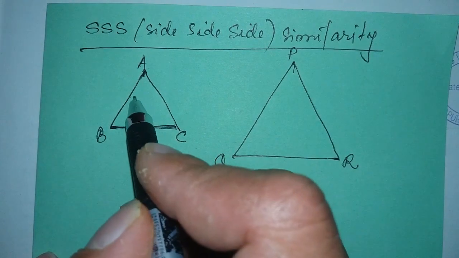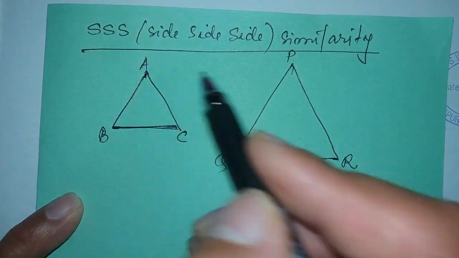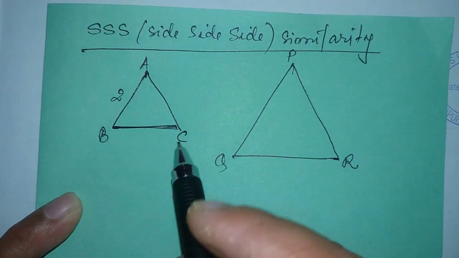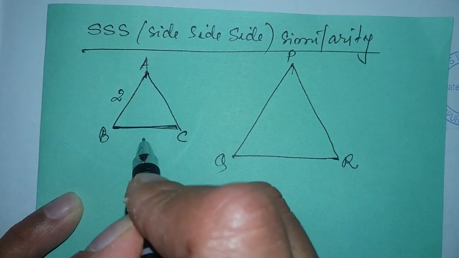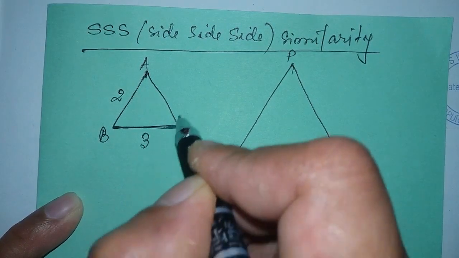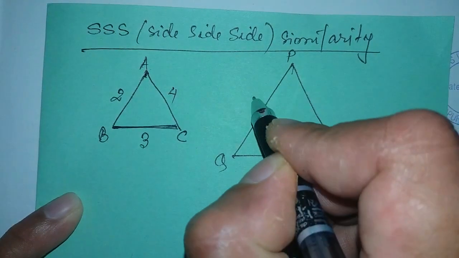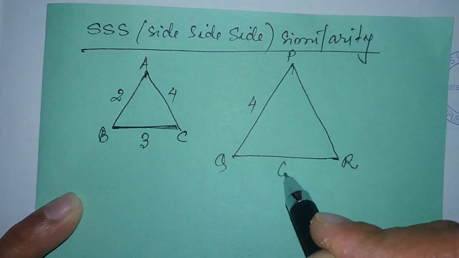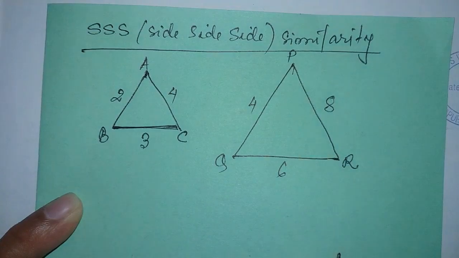Now I'll show you what that means. Let's say these sides are 2, 3, and 4 in one triangle, and 4, 6, and 8 in the other.